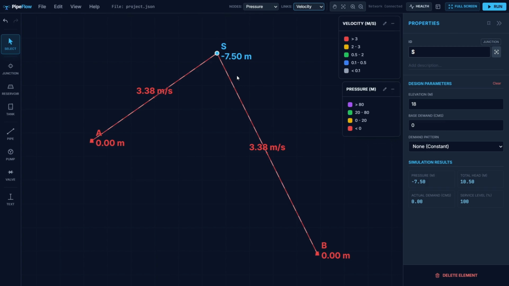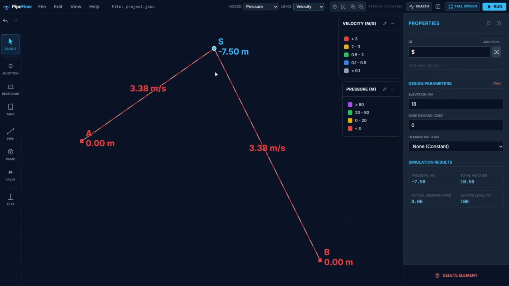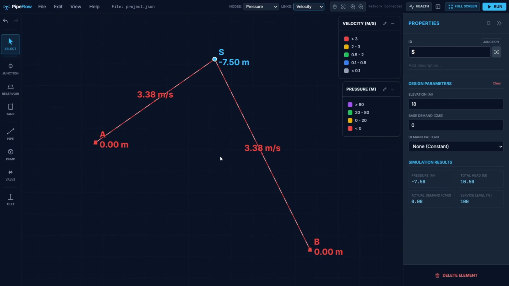For our second question, the suction or pressure occurring at the highest point of the siphon is minus 7.5 meters, which means it is at suction. In this way you can easily simulate or design any case of siphon.